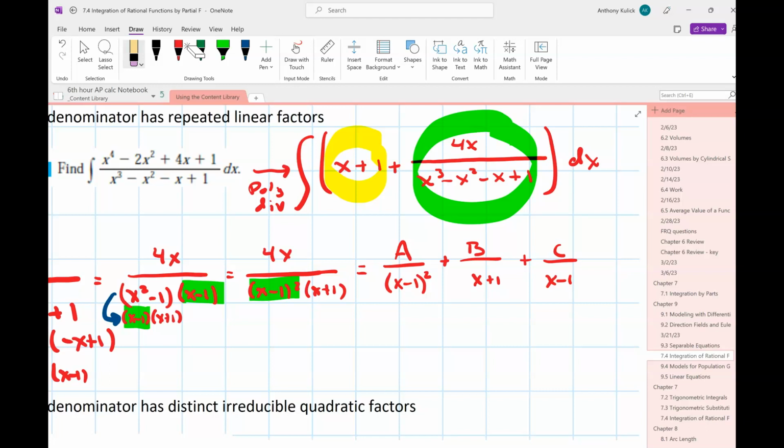So if you have a repeated linear factor, like we do right here, when we do our decomposition, you need all of its factors. So if it's to the third, you need it to the third, to the second, and to the first. If it was to the 10th, you need it to the 10th, 9th, 8th, 7th, 6th, 5th. I mean, you get the idea. It's super annoying. Okay?